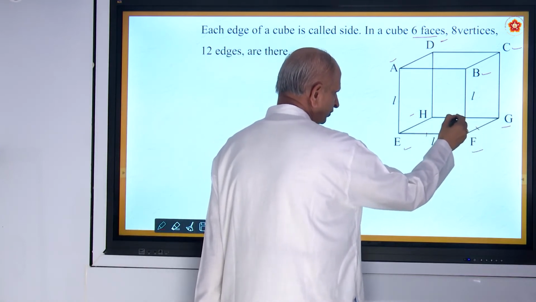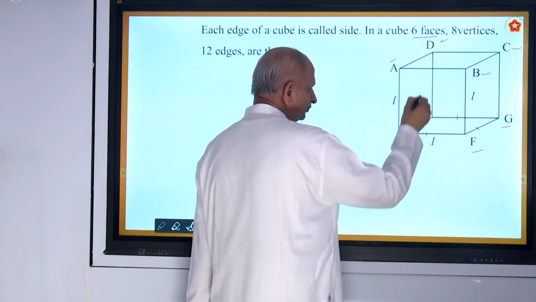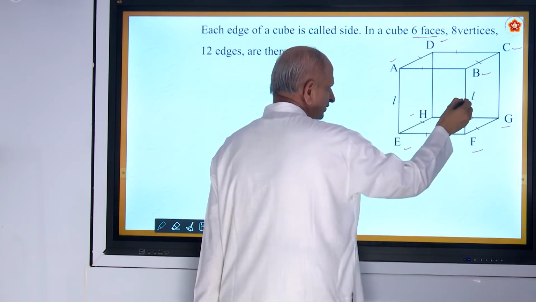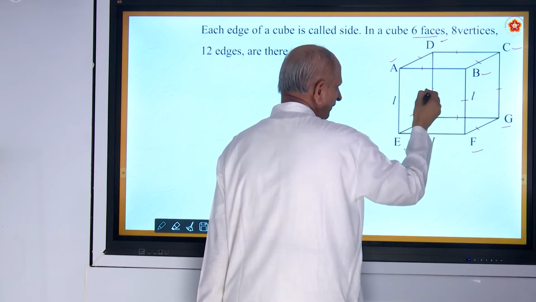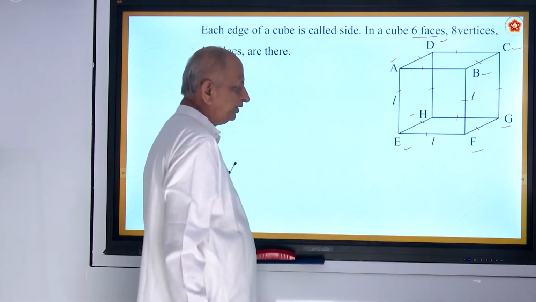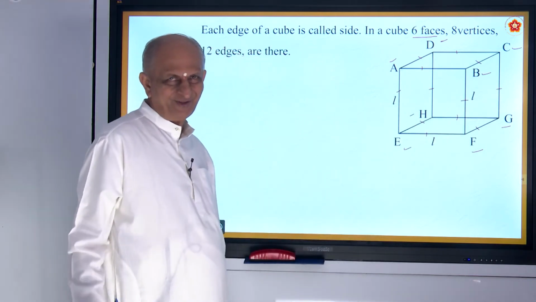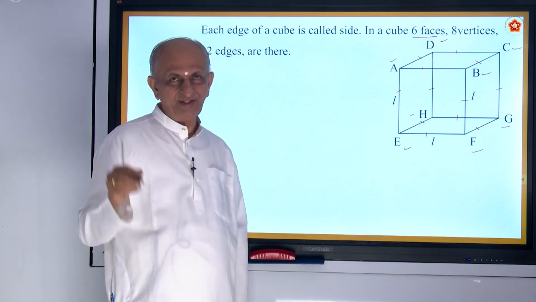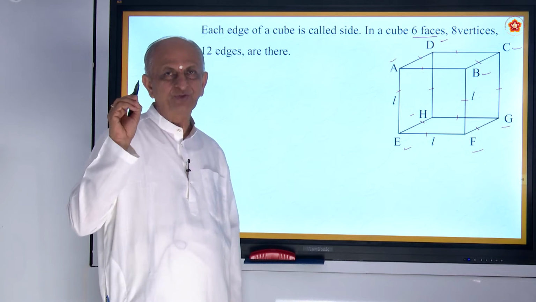1, 2, 3, 4, 5, 6, 7, 8, 9, 10, 11, 12. Totally 12 edges. Followed? And each face is a which figure? Square.